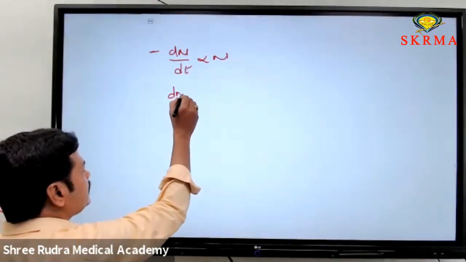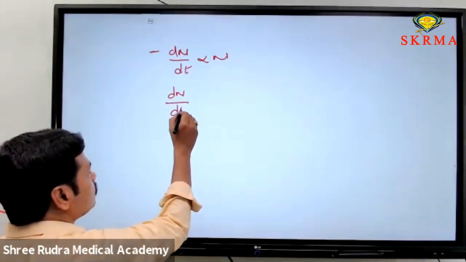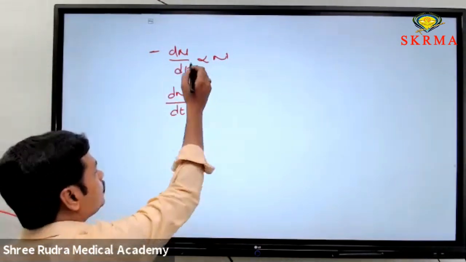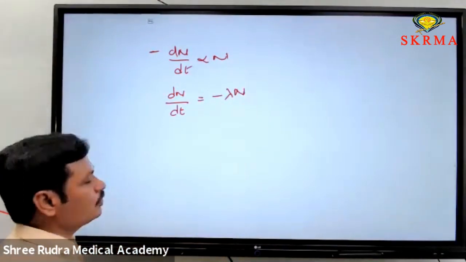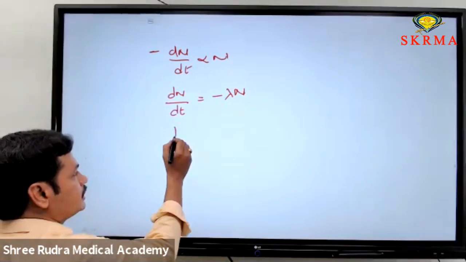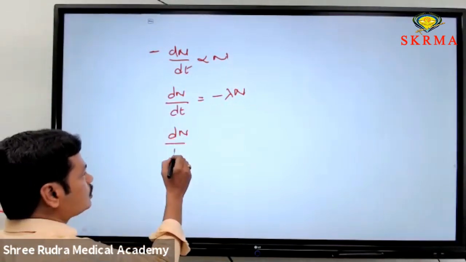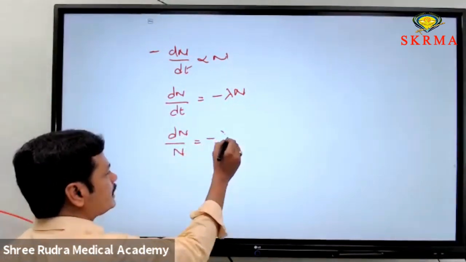If we remove the proportionality sign, we have to introduce a constant, lambda. So dN by dt equals minus lambda N. If you rearrange this equation, dN by N equals minus lambda dt.